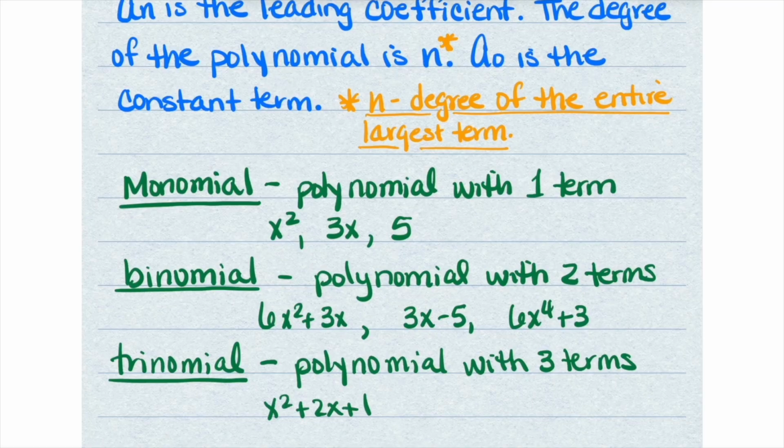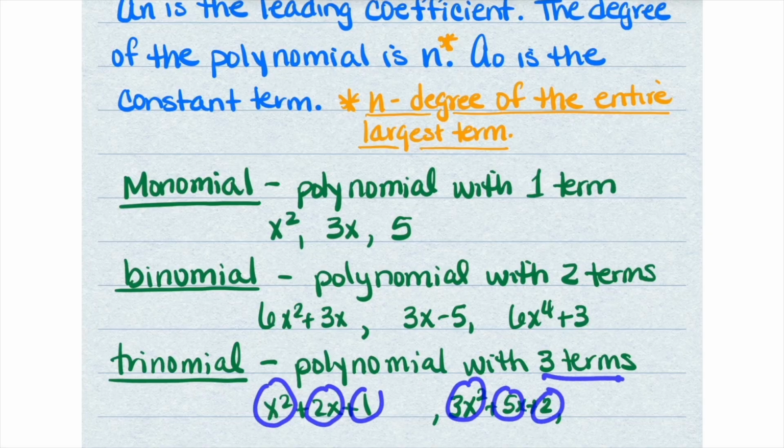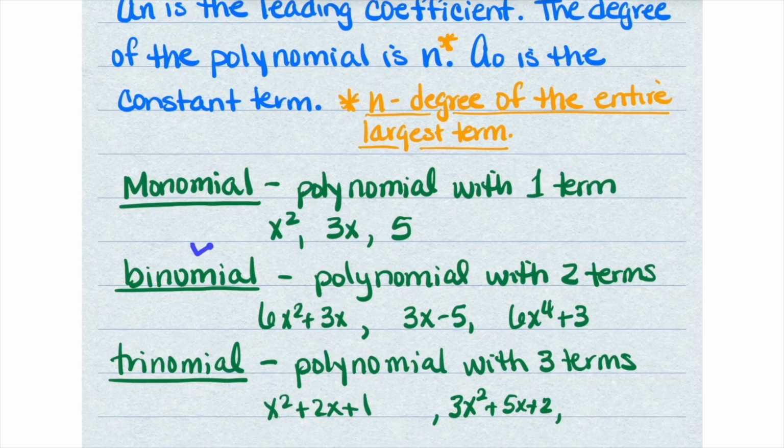That has three terms. 3x squared plus 5x plus 2. That has three terms. Y'all get the gist, right? Okay, so 1, 2, 3, 1, 2, 3. It has three terms. So before we get going, if you see one term monomial, two terms binomial, and three terms trinomial, those are the basics of what you'll see, okay?